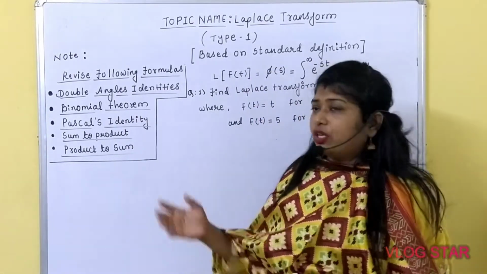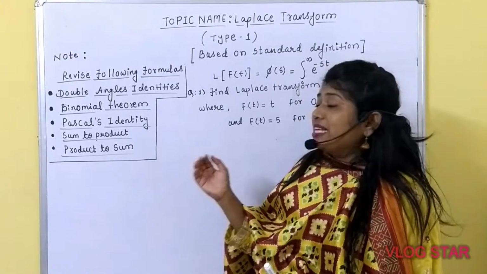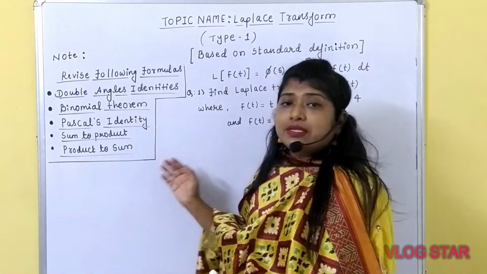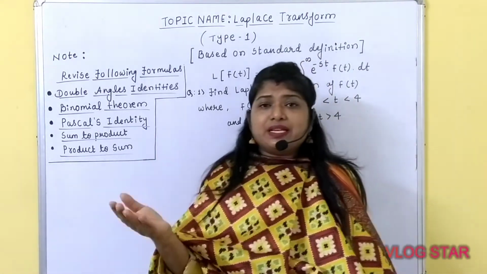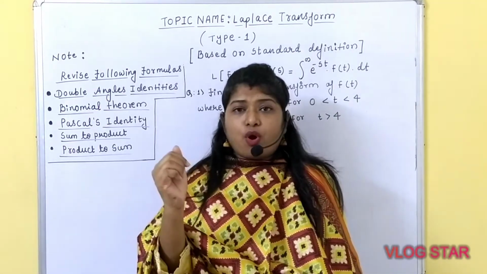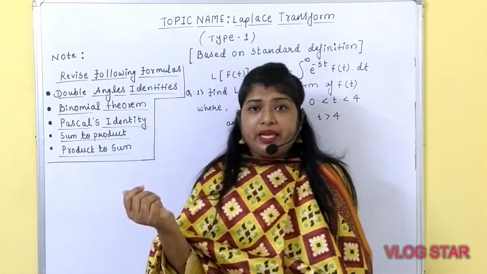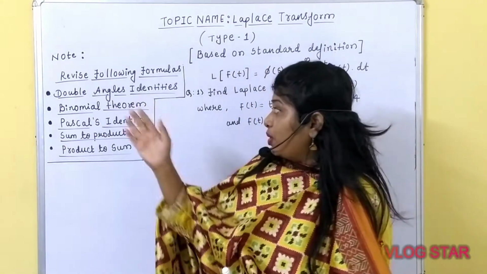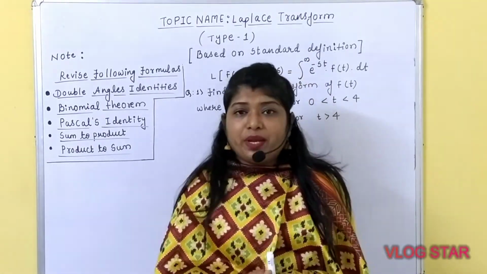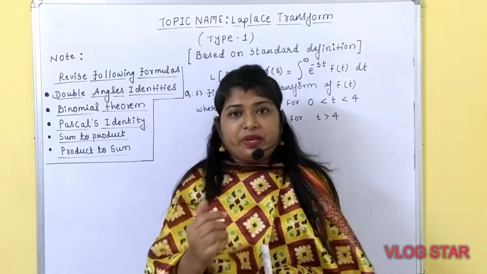Binomial expansion or the binomial theorem, Pascal's identity, sum to product or product to sum formulas, that is sin A plus sin B, cos A plus cos B, 2 sin A into cos B, 2 sin A into sin B. You need to revise all the formulas. We require these formulas while solving problems based on Laplace transform in future.